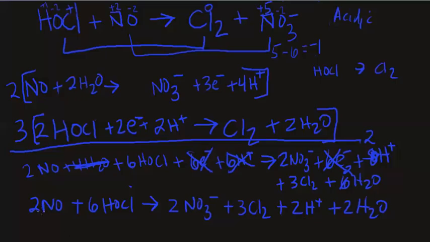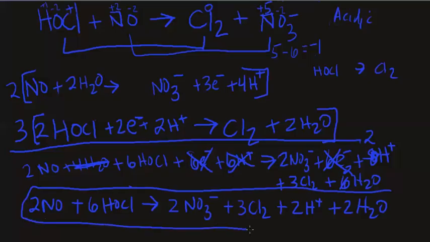This has 8 oxygens, 2 nitrogens, 2 nitrogens, 6 chlorine, 6 chlorine. So at this point, it's balanced. Here is our nice, beautiful redox equation, all balanced. Good luck. You just need to keep track of things.